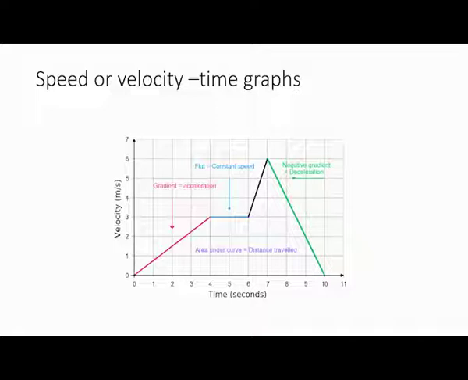That's the blue line. And then from 6 seconds to 7 seconds, the object is accelerating again. That's uniform acceleration because it's a straight line, showing that the speed is increasing. And then from 7 seconds to 10 seconds, the green line shows that the object is decelerating. That's called negative gradient or negative acceleration.